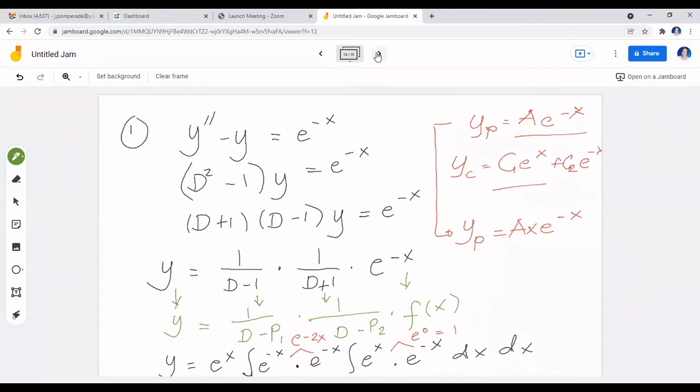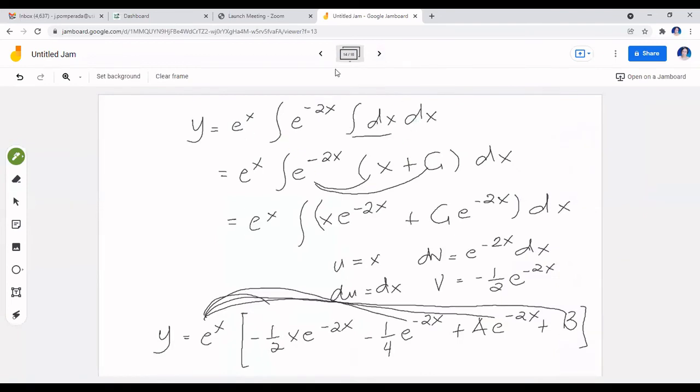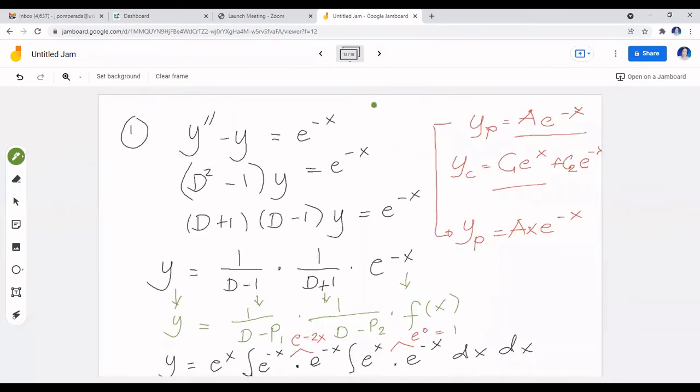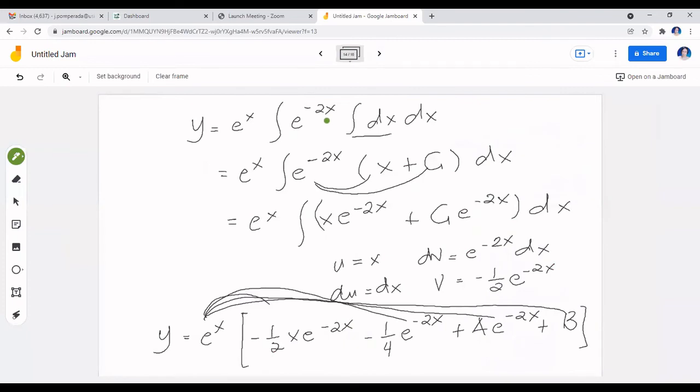So if you're going to integrate it, this would be it. So this one was changed to e raised to minus 2x, and I have here dx. So what do you do from your calculus? You integrate this one, the farthest. So this is x. And since you're dealing with an indefinite integral, you should have an arbitrary constant of integration.